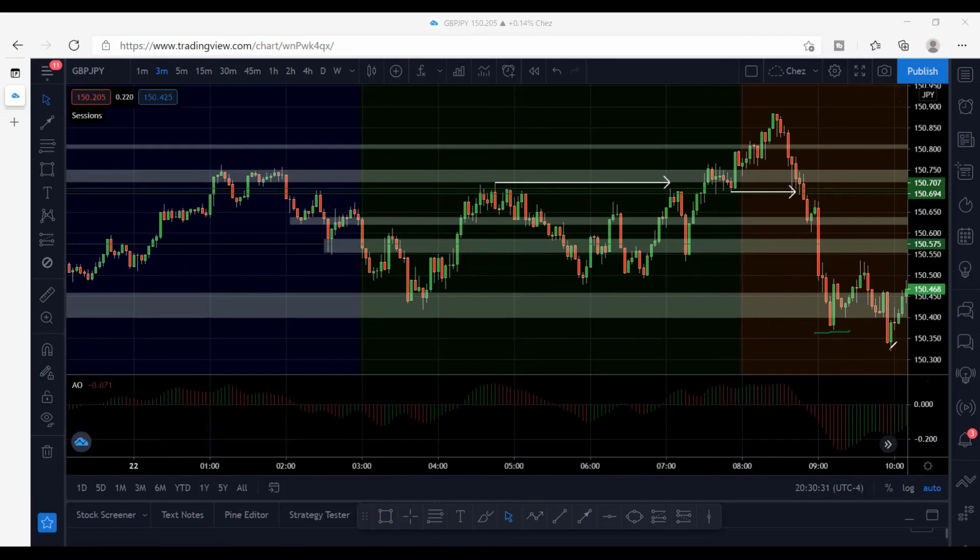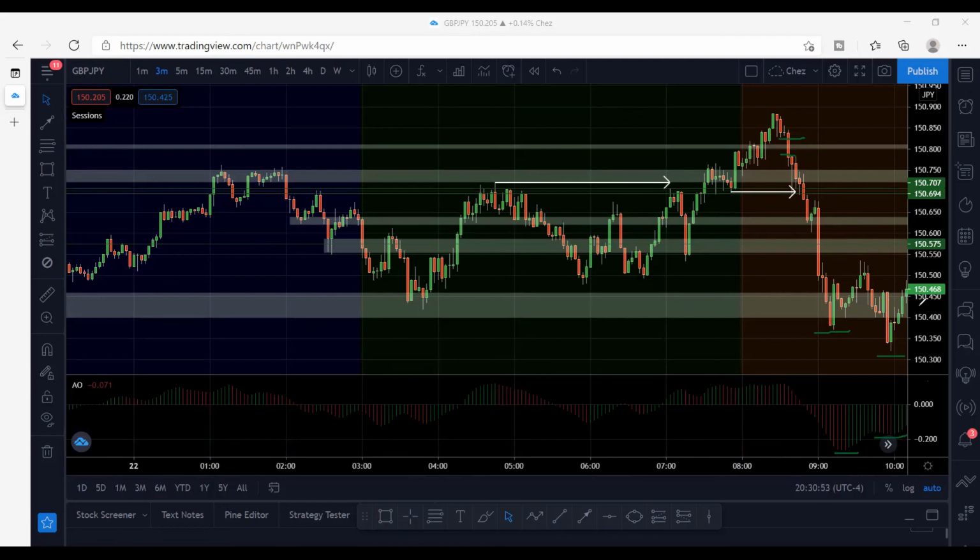You have the low on the indicator and a higher low, so it's divergent. If you're going to trade this, you have this imbalance here that needs to be filled out. You have imbalances here as well that probably need to be filled. Your first target would be here.